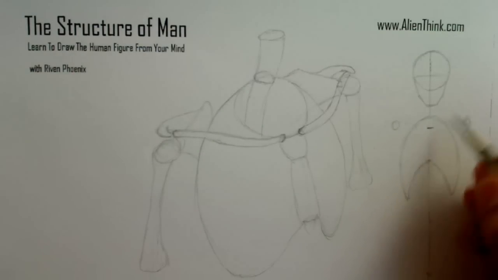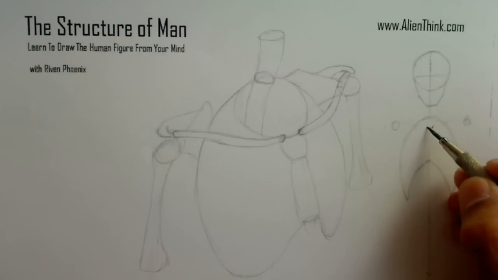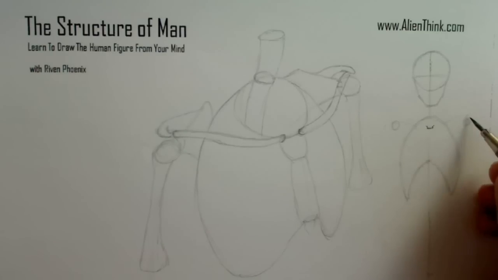I'm going to get the space here, then I'm going to get this idea here for the clavicle. So this is where we're going to get, if you draw out the scapula over here, you already know that it's going to be like this. I'm going to get that thing here on top.